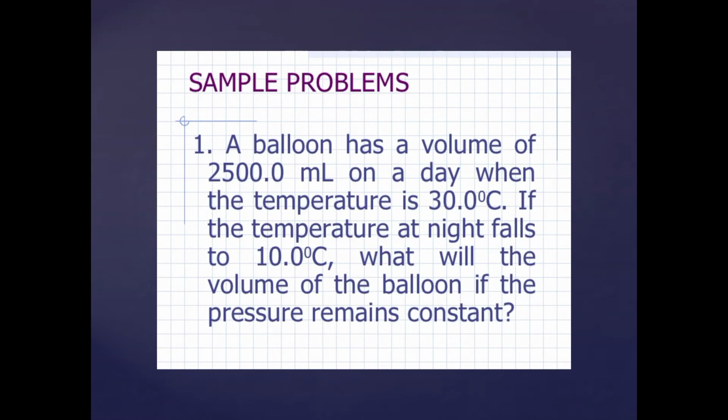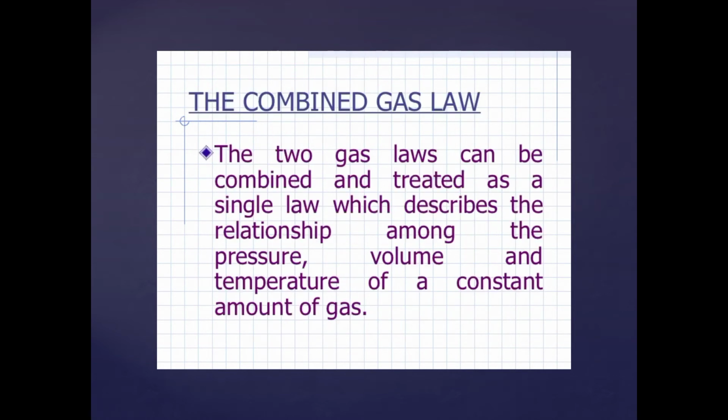So in sample problems, if you see pressure remains constant, then you should know it's Charles' law. So you should be careful to do the problem. Use that equation and put in whichever values are given, then you will get the answer.